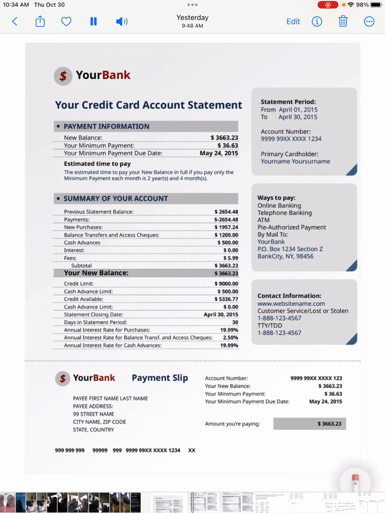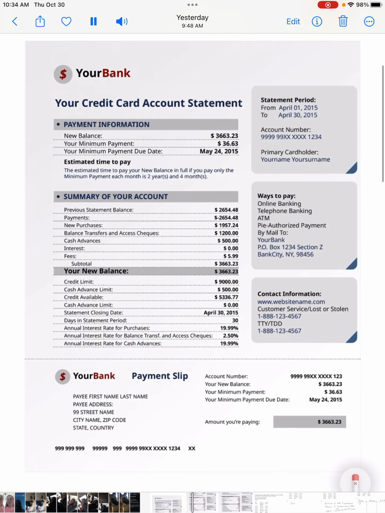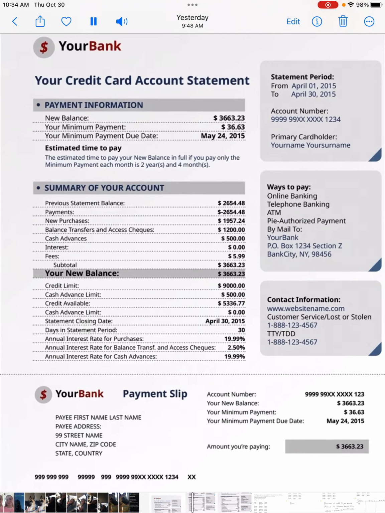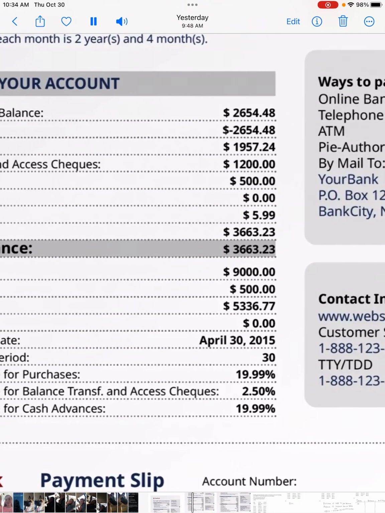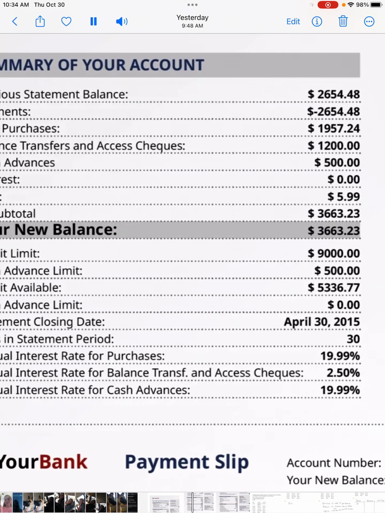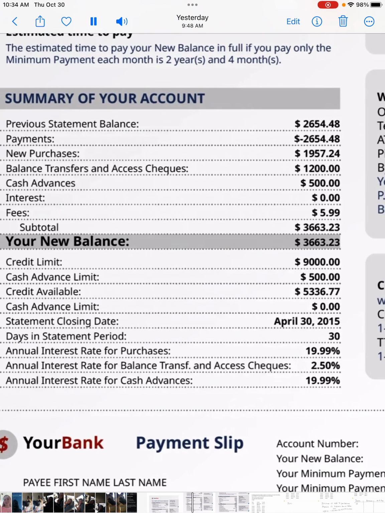As you scan this sheet, I think if I tap on it, I can make it bigger. If you look down at the bottom, it tells you your annual interest rate for purchases is 19.99%, which is very common. It might ask you, what's your interest rate for balance transfers? And you can see it there as 2.50.